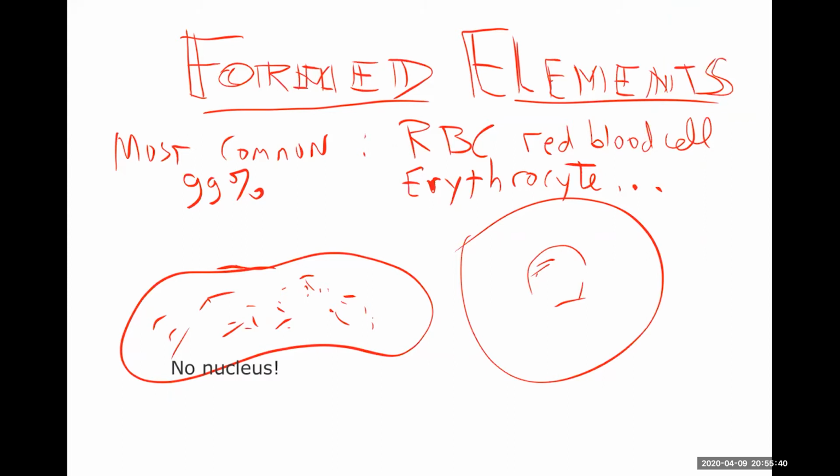Yes, exactly. And these guys have no mitochondria. Which kind of makes sense. Their job is to transport oxygen, so you don't want them using up the oxygen that they're supposed to be delivering someplace.